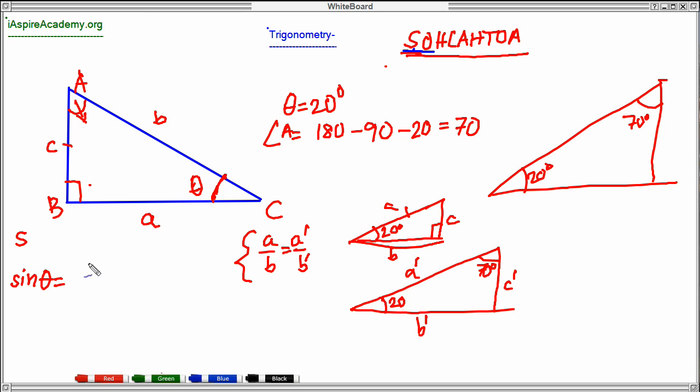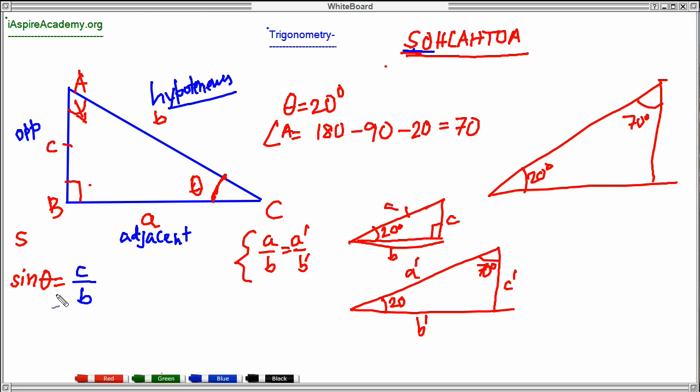So let's see what these sides are. For the angle theta, this is the opposite side. This is called the adjacent side. And this is the hypotenuse.